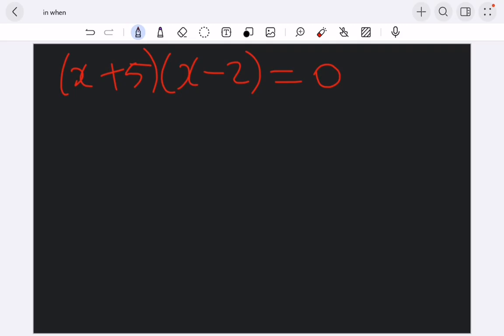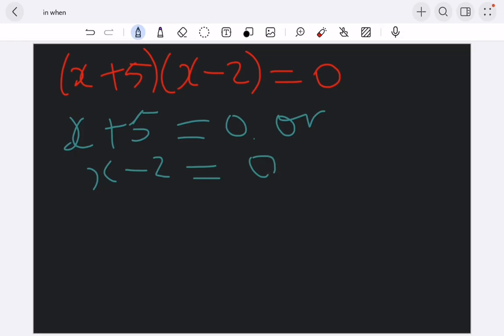If on the right hand side you have a 0, you can safely say x plus 5 is equivalent to 0, or x minus 2 is equivalent to 0, and then you know that x is equal to minus 5, or x is equal to 2, and then you're done.